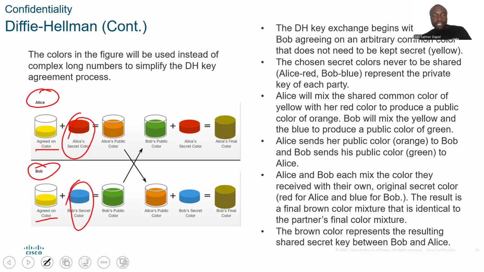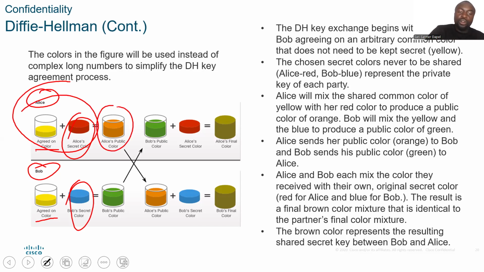So they all agreed on the color, and everybody has a secret password. Then you mix it. If you mix the color and the secret password, it gives you maybe an orange color. This is now going to be the public key for Alice. This one is going to give you green, the public key for Bob.